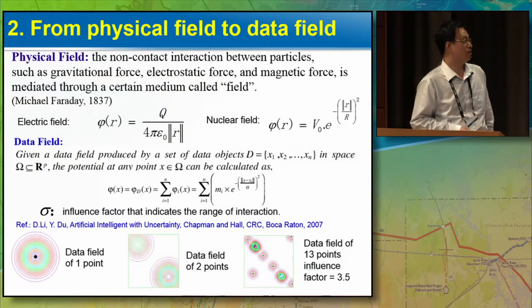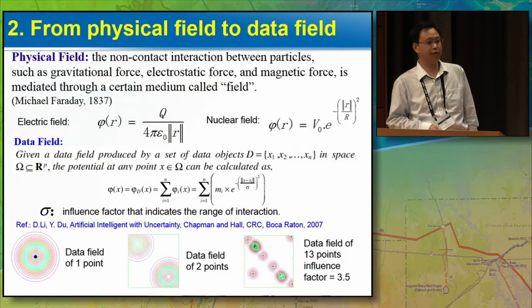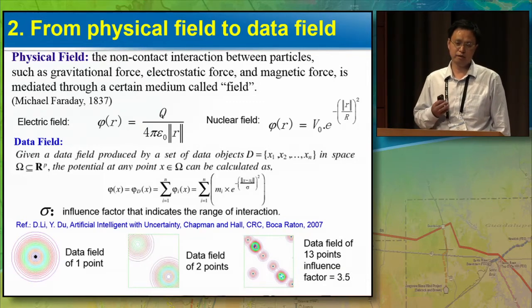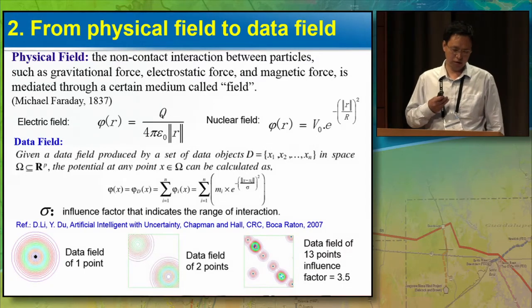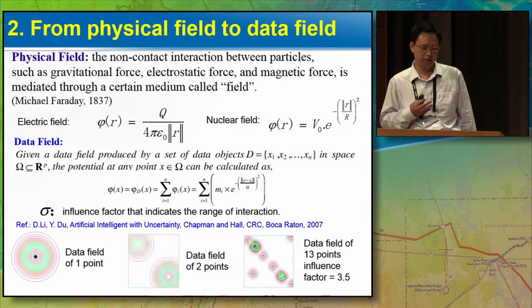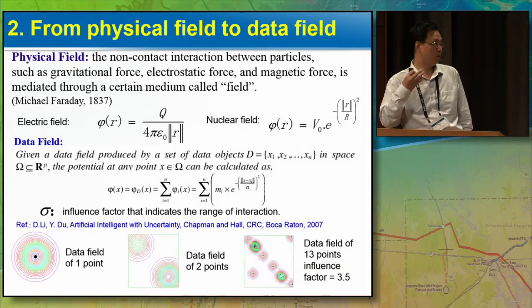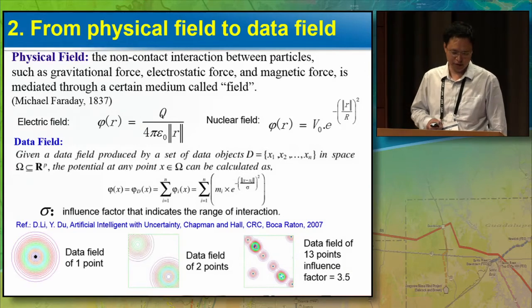Now I will introduce the data field theories. As we know, physics is a great science. There are many theories in physics. So we hope to introduce some theories from physics to data analysis, and introduce them to GIS to put forward some new theories for spatial analysis.